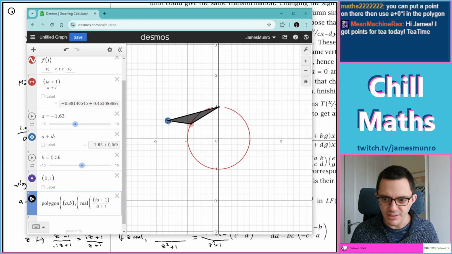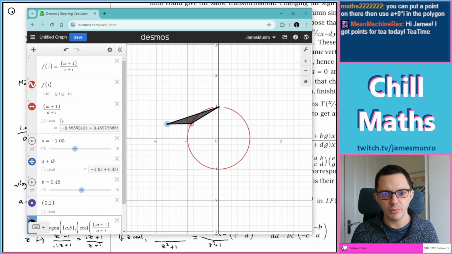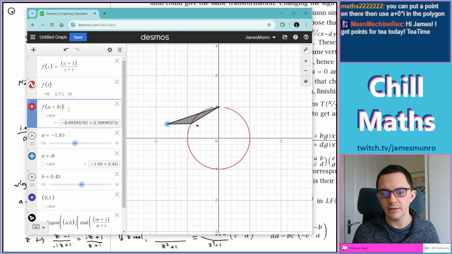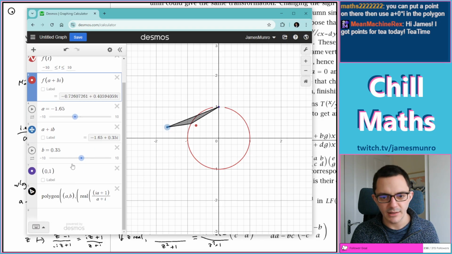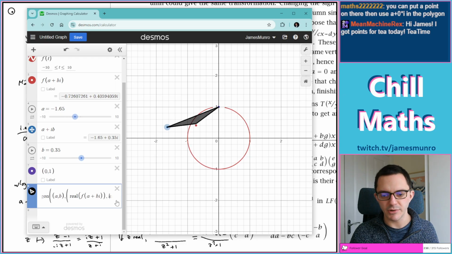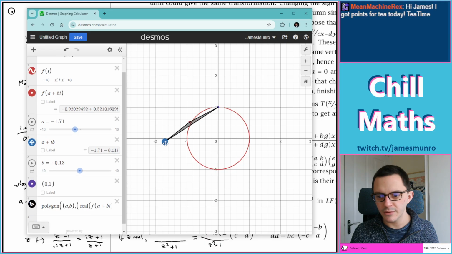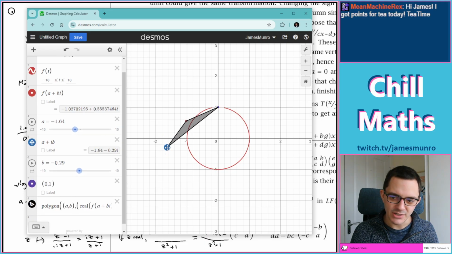I'm kind of interested in not that point where it meets the unit circle, but the red point should be f of A plus Bi, and that should be the thing that we put inside here as well, not just looking at the real component, but looking at this. Question, is this still a triangle or is it now a straight line? Triangle. So points, yeah, okay, kind of nice.